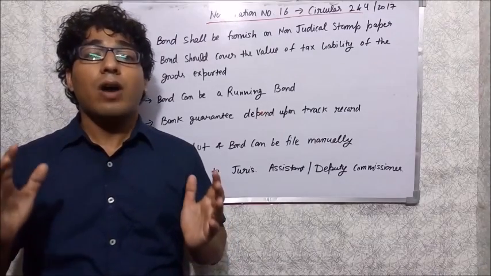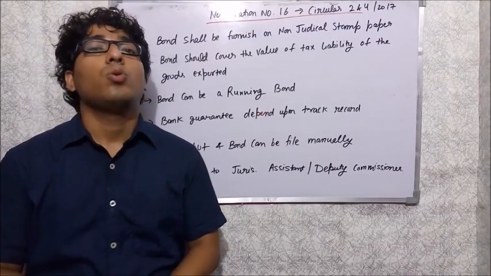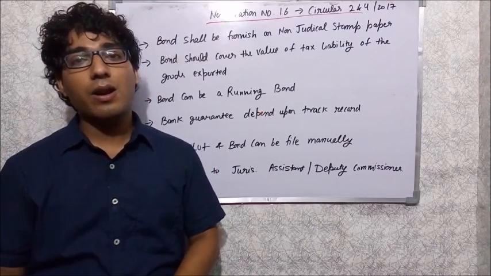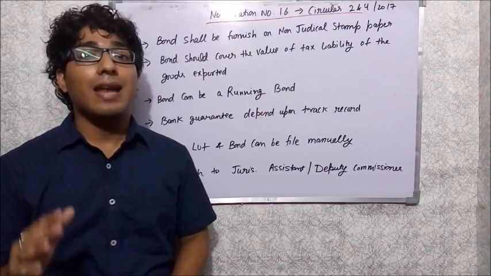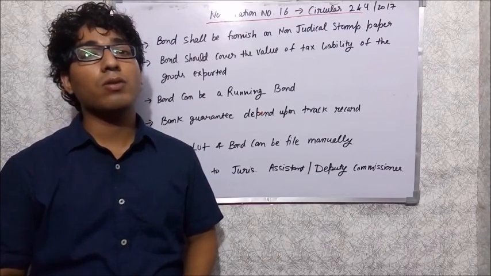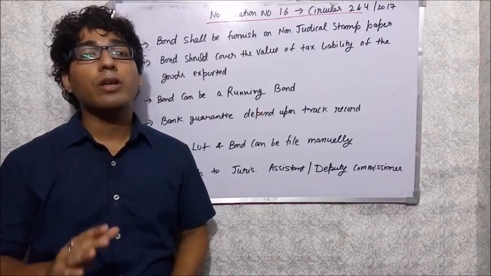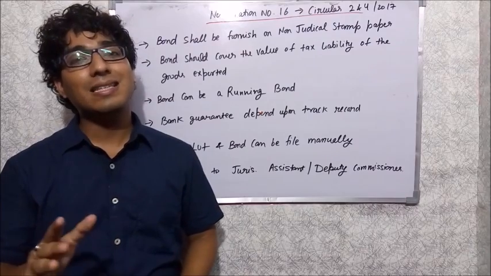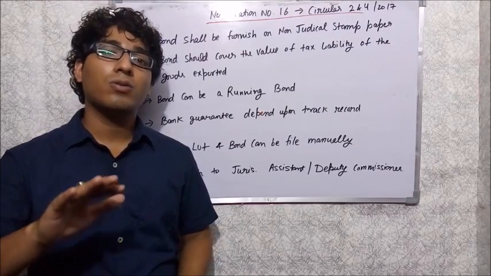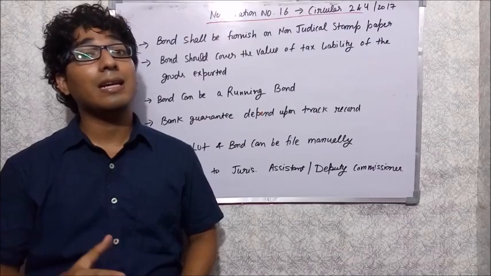Now, who are the persons required to furnish the bond? Those persons who are ineligible to furnish the letter of undertaking are required to furnish the bond. So the bond is for those persons who are less trustworthy compared to those eligible to file the letter of undertaking.